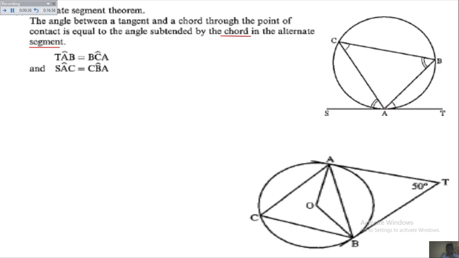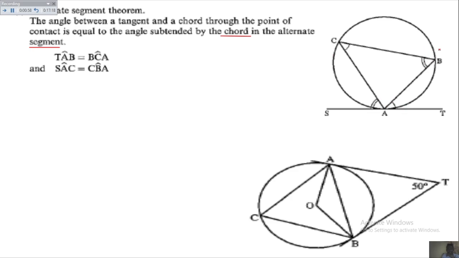This particular one again is another chord. Please always understand when you have this, the chord is this.